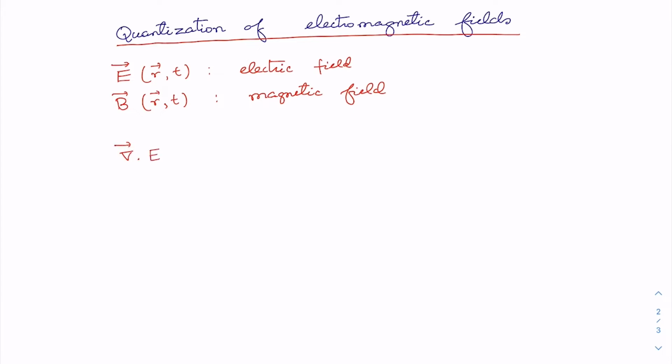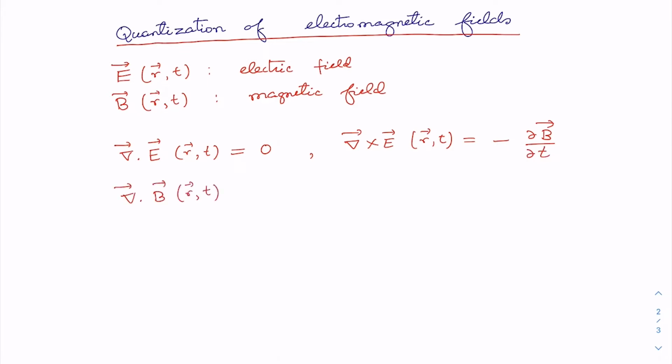So the Maxwell equations for an electromagnetic field in free space are given by these: divergence of E is equal to 0, curl of E is equal to minus del B del t, divergence of B is equal to 0, and curl of B is equal to 1 by c squared del E del t.